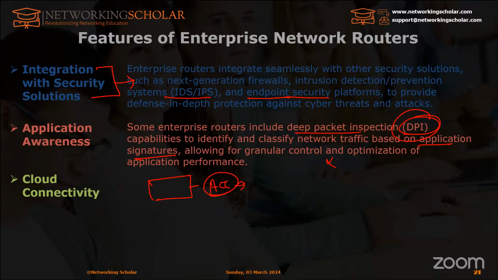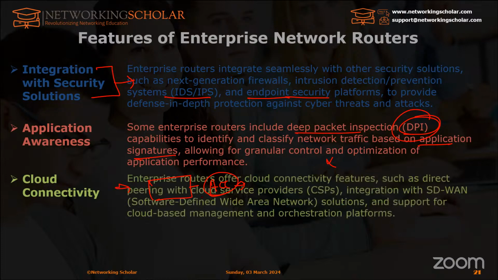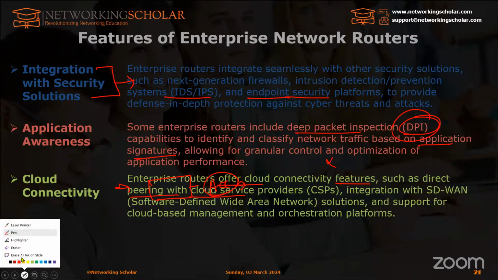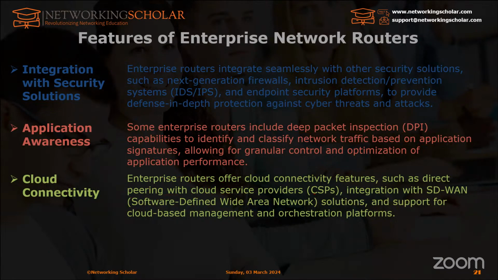So an enterprise router can offer cloud connectivity features such as directly peering with cloud services, CSP, cloud service providers, integration with SD-WAN, software defined wide area network solutions, or it can also support a cloud-based management system.